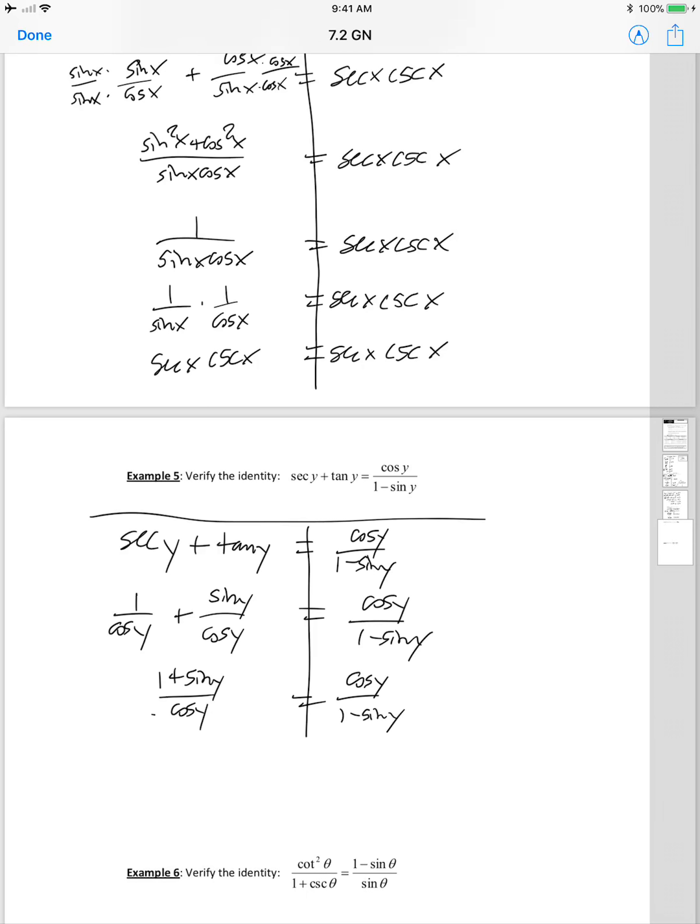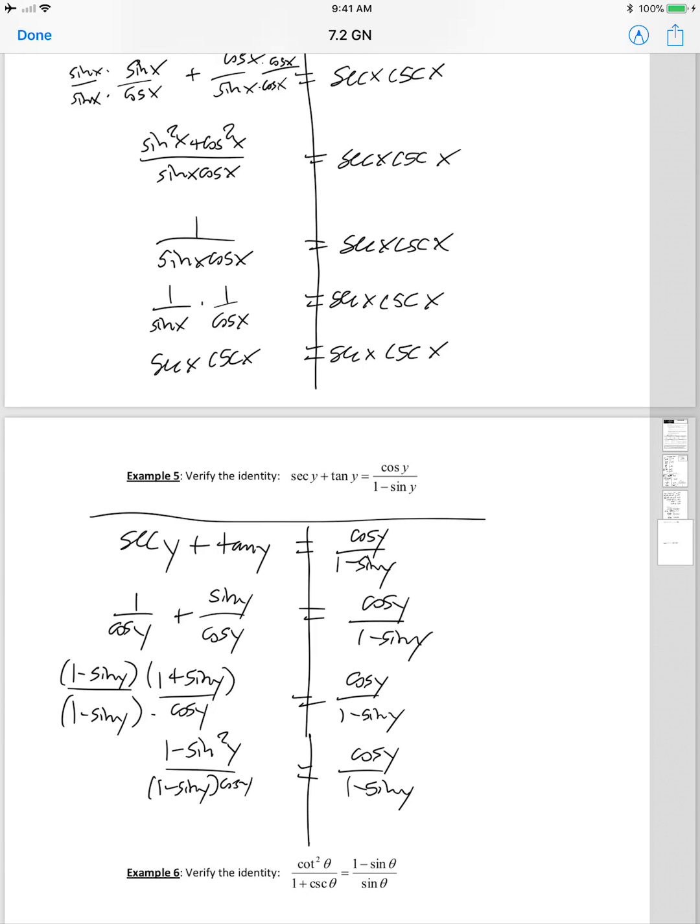I could just multiply by 1 minus sine y. But then I'd have to do that to the numerator also. So if I simplify that, I have 1 minus sine y times 1 plus sine y. Hey, those are the factors of the Pythagorean identity. So that's 1 minus sine squared y over 1 minus sine y times cosine y.